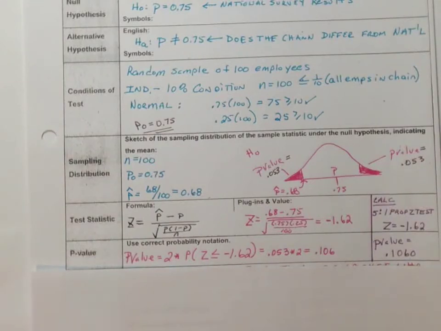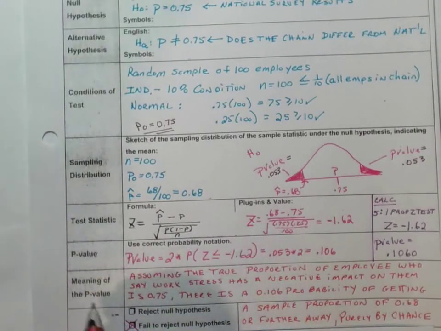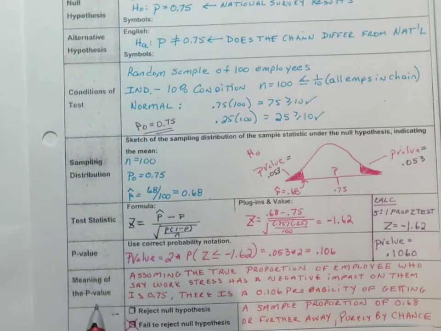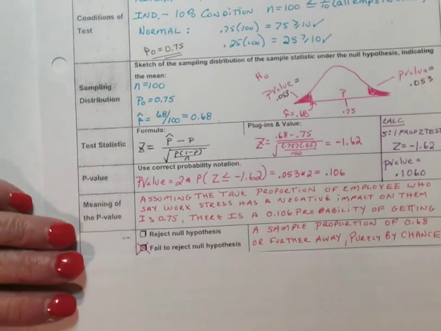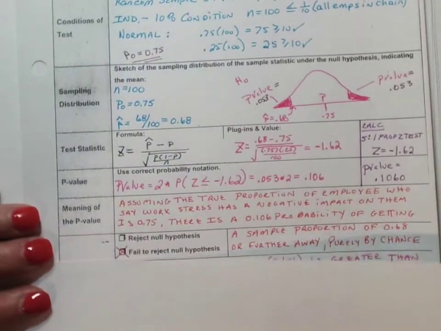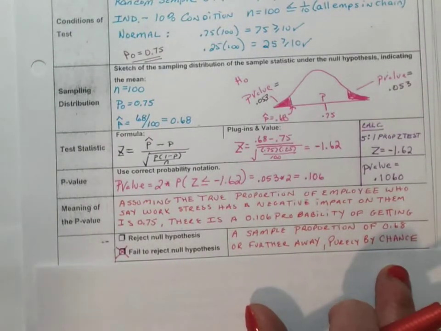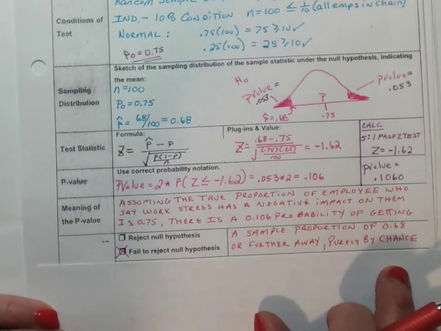Now, when you're doing a free response, you do not have to define the meaning of the p-value. But you will be asked multiple choice questions, and it might be asked on a free response for you to explain what the p-value is.